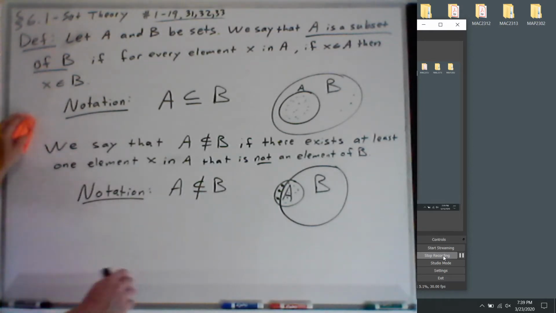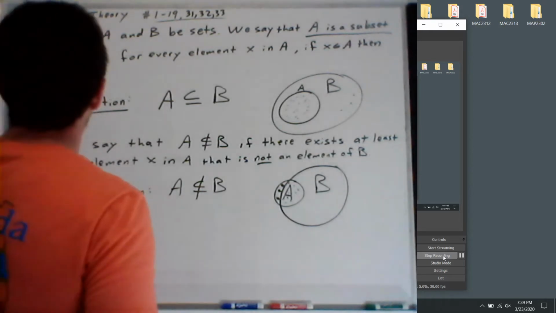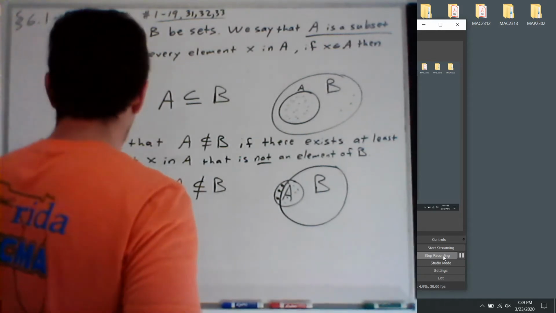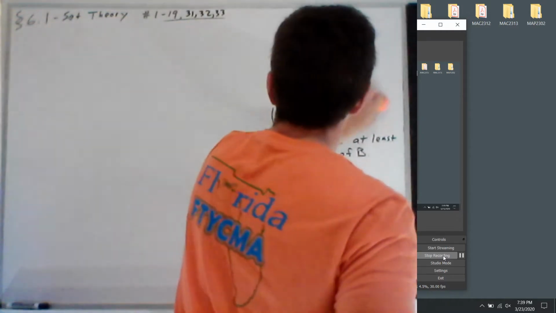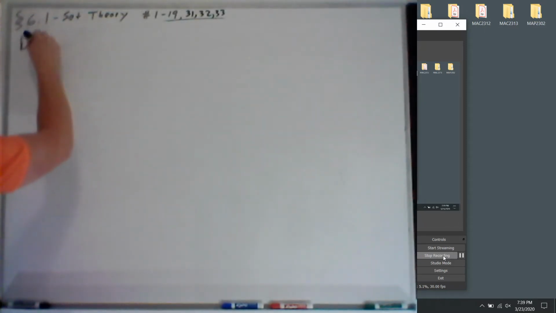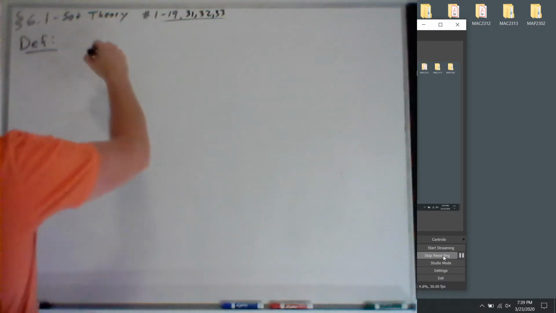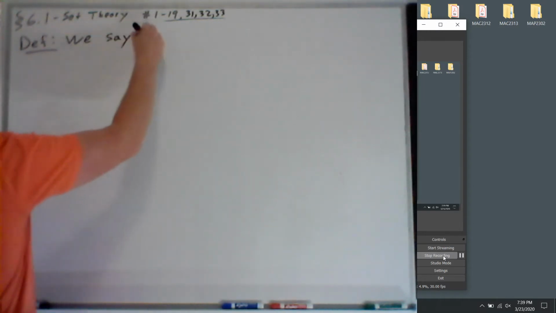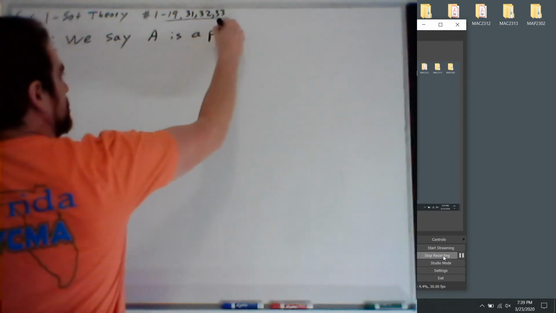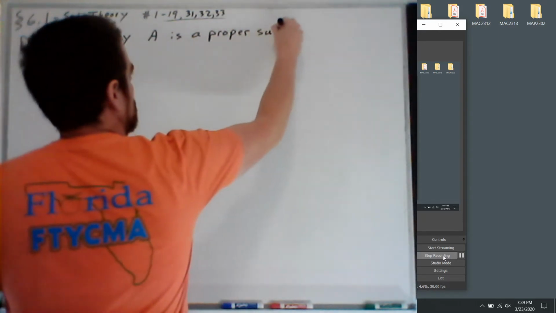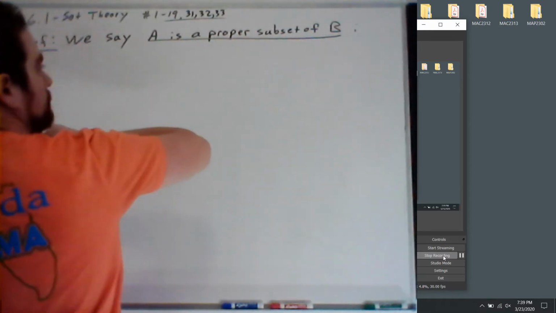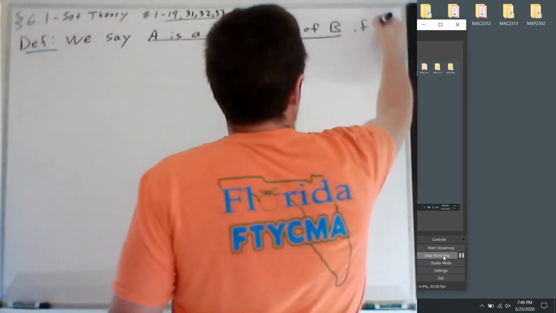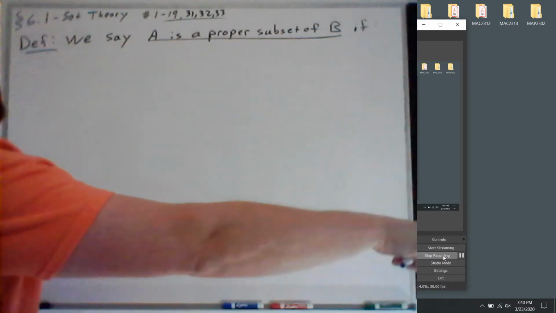Now, the next thing we can talk about is what we call a proper subset. So our next definition, again, letting capital A and capital B be generic sets, we say A is a proper subset of B if we've got two criteria that we need to meet.